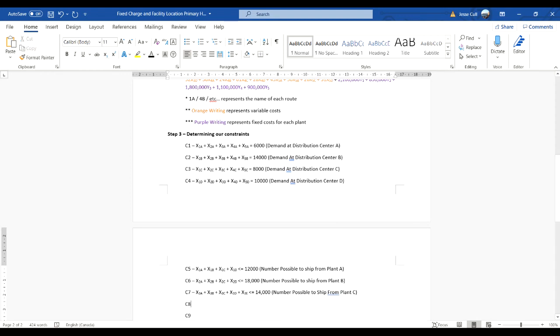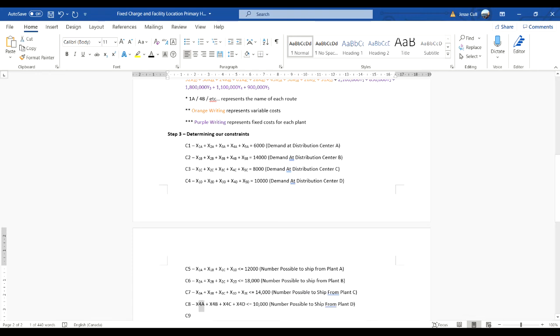We continue again. X4A plus X4B plus X4C plus X4D is less than or equal to 10,000. And that represents the number possible to ship from plant 4.